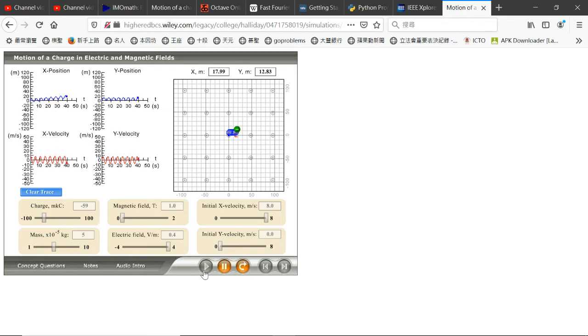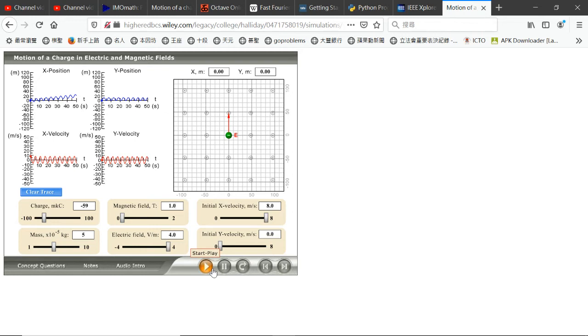So you see it's like a helix, because without the electric field, it would have a circular motion. So now we have another electric field, so it will change the overall force acting on the charge.